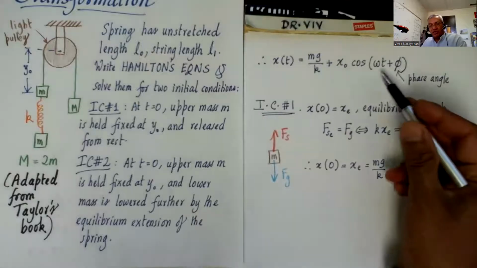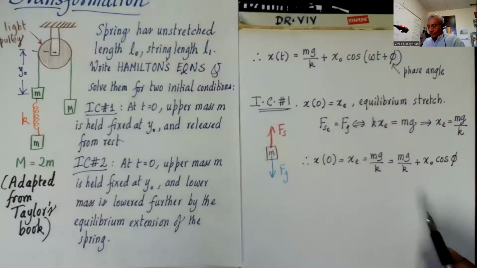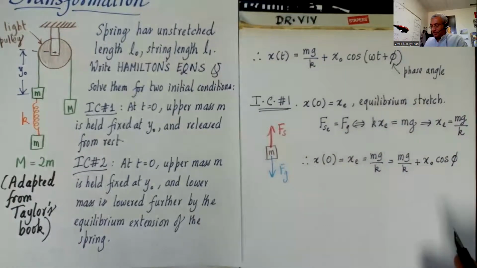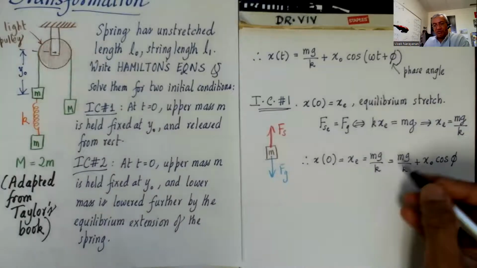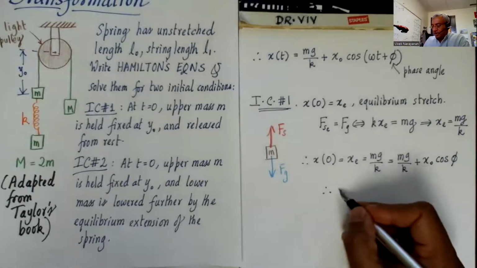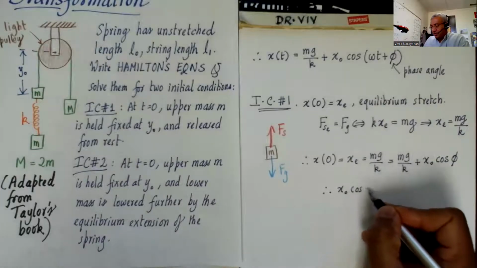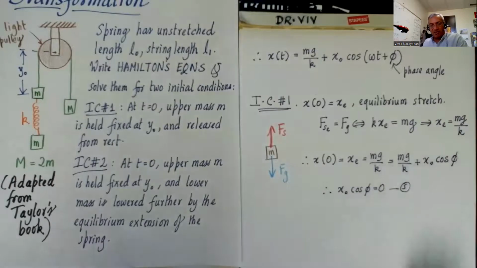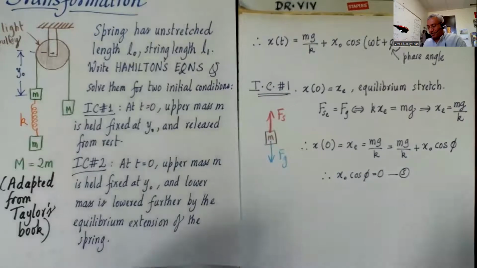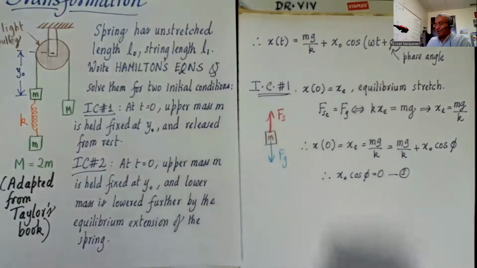Because when t equals 0, you lose the omega t term. So what is this? This is actually a fancy way of finding what phi is. So the first equation we have, because mg over k cancels, is x naught cosine phi is equal to 0. Let's call that equation 5. I hope my numbering is consistent. I think we have up to 4 now, so that's equation 5.